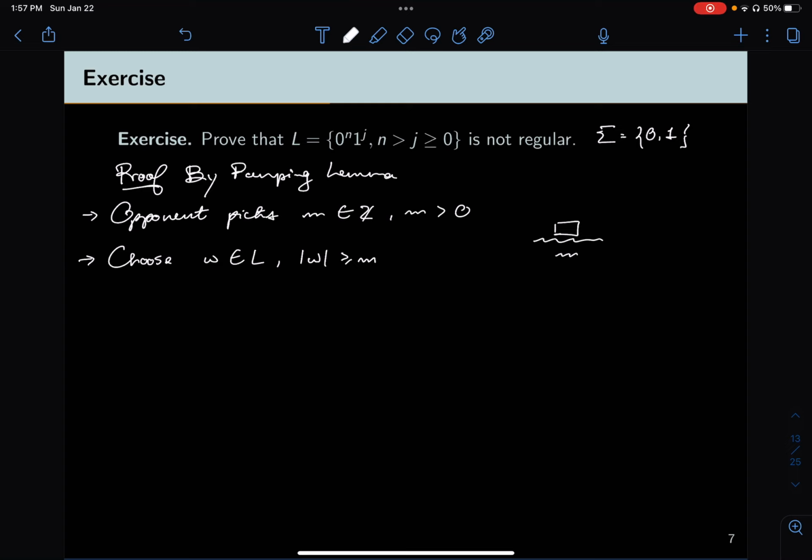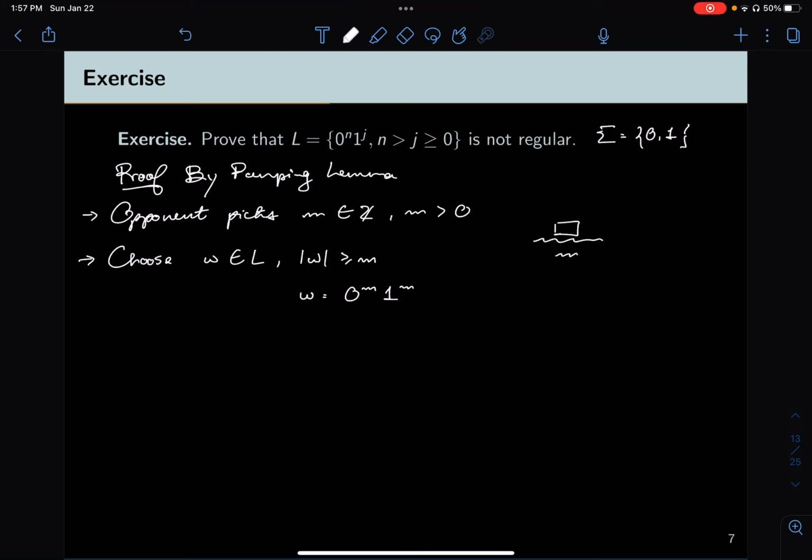That helps because for any decomposition, you know that y is composed of a single symbol, and then when pumping up or down, you know exactly what form the pumped string will take. So we want w to be, say, 0^m 1^m. This is one of the canonical examples of the pumping lemma, the string we picked for 0^n 1^n.